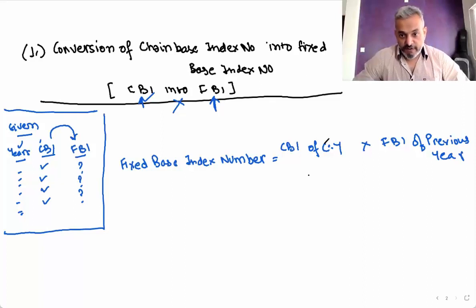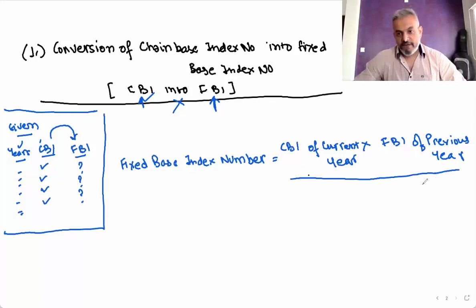So I'll write once again over here. CBI of current year into FBI of previous year upon 100.